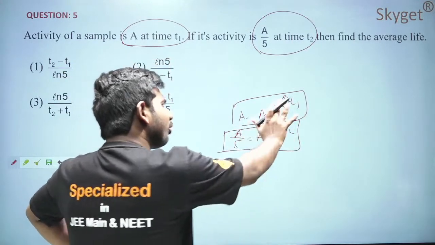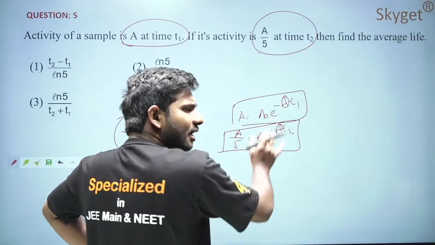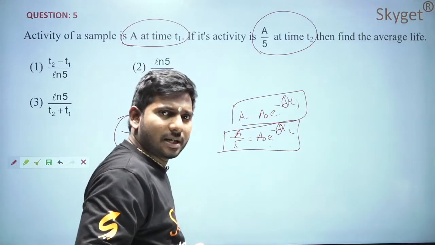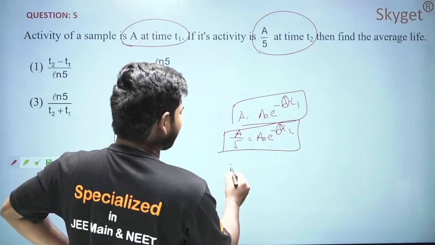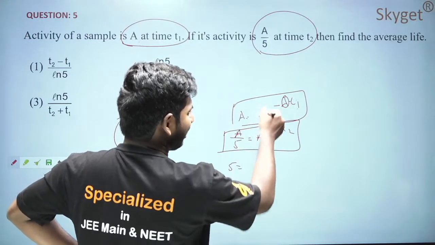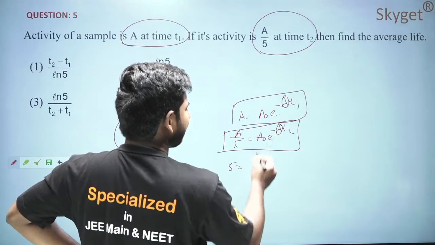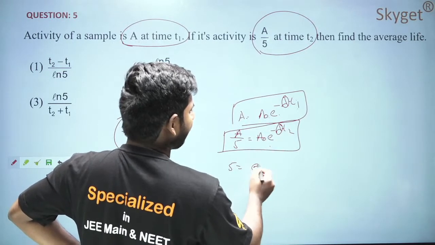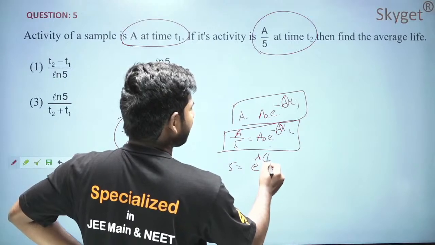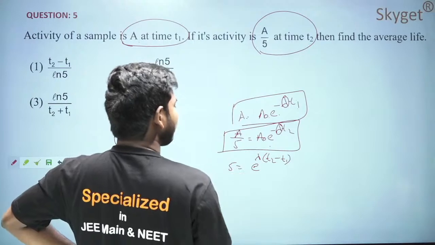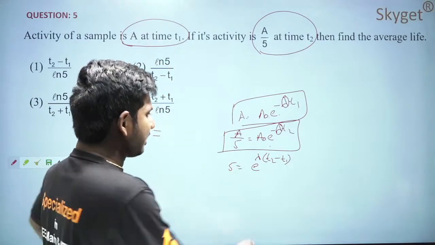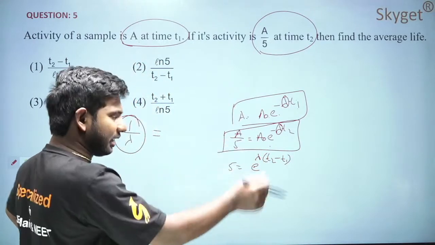This is in an exponential power, so we need to remove it from the exponent. If I divide the ratio, 5 will be equal to, A naught gets cancelled, e power lambda into T2 minus T1, since T2 goes upward and becomes positive. If you apply logarithm on both sides, we will be able to get lambda in a normal equation form.